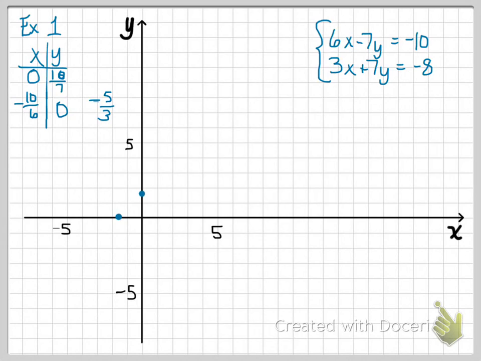So then I can draw this line through those 2 points. So we're graphing by intercepts, right? Especially when these are written in standard form, that's usually the easiest way to go. So for this next equation, let's make an XY table over here.